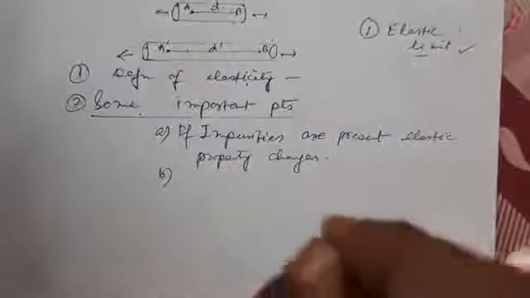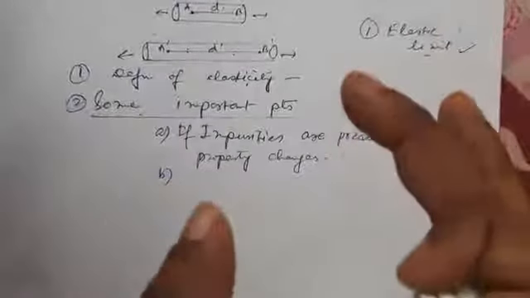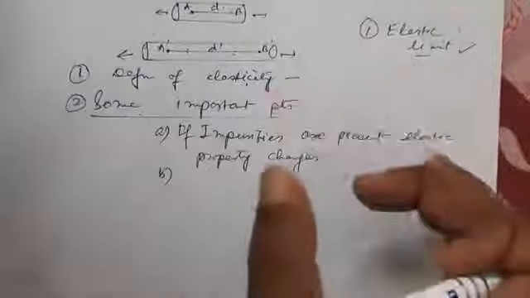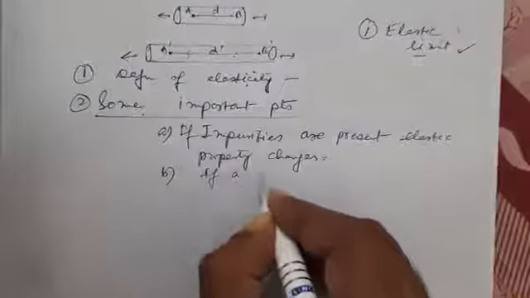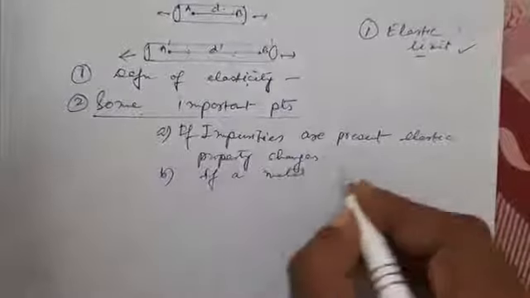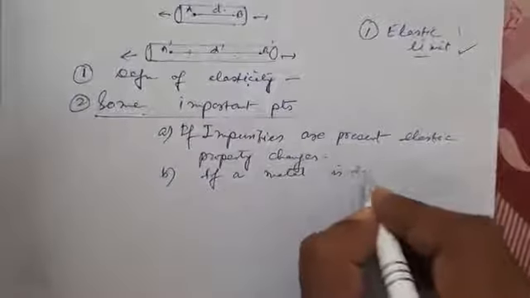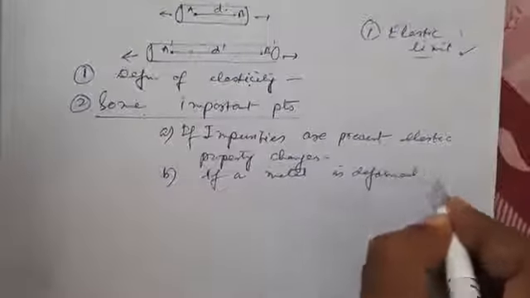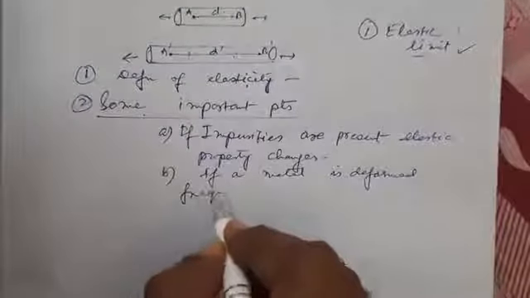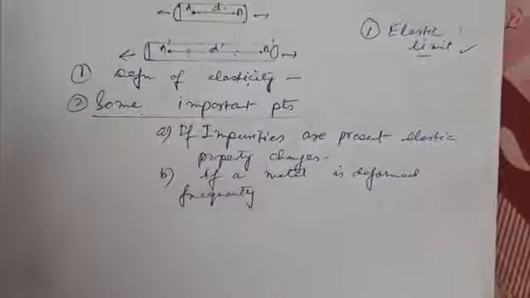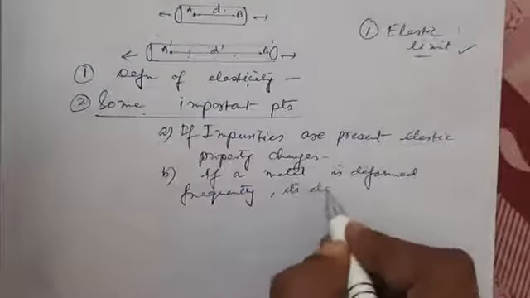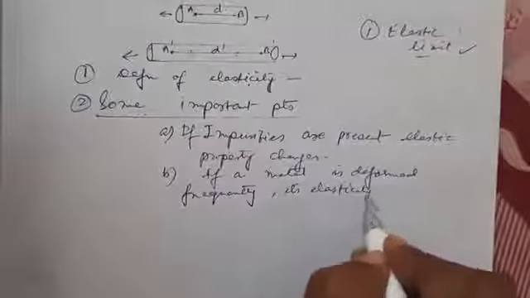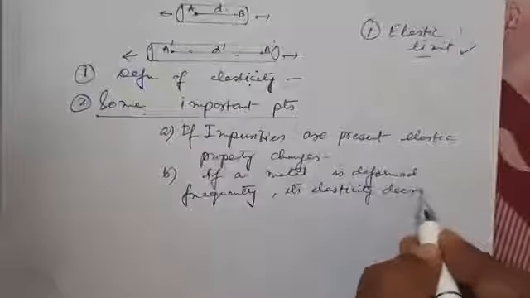Now, if a metal is deformed frequently, time and again you are deforming it, then its elasticity decreases. That means you can write that if a metal is deformed frequently, its elasticity decreases.